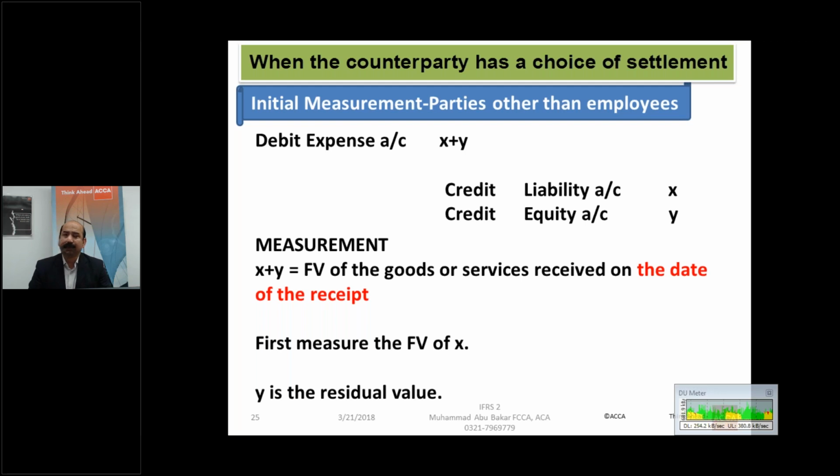This approach is the same, if you recall, as International Accounting Standard 32, where you issued a hybrid instrument and, while recording that instrument, you bifurcate it into debt and equity, whereby debt is calculated and equity is the residual value. The same approach is here.